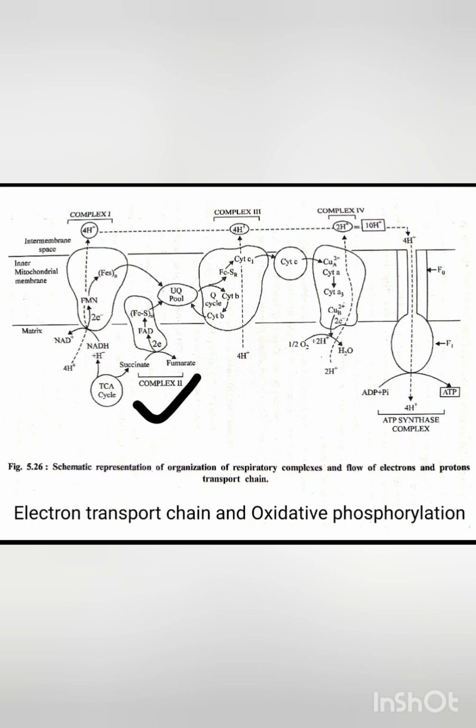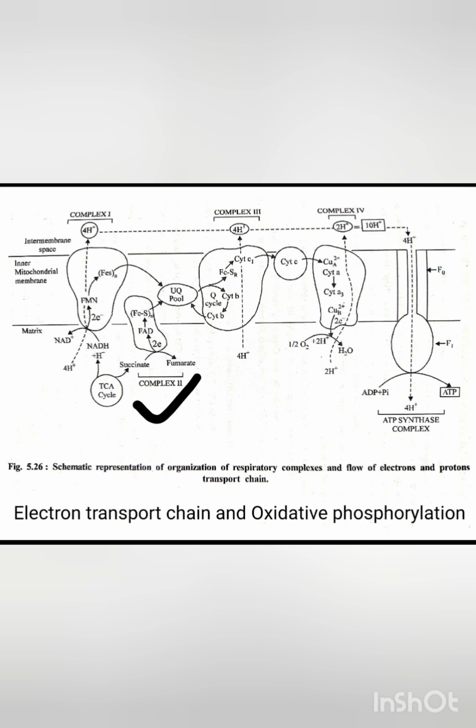Finally the electron moves to half O2. By accepting electrons and 2 protons from the matrix, the half O2 is converted to H2O. In this process, only 2 protons move from the matrix to the intermembrane space, because 2 protons are already utilized in the formation of water. So in this process, many protons are moved from the matrix to the intermembrane space.